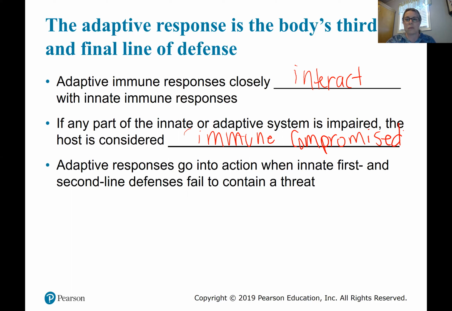And that person would be at a greater risk of infection.